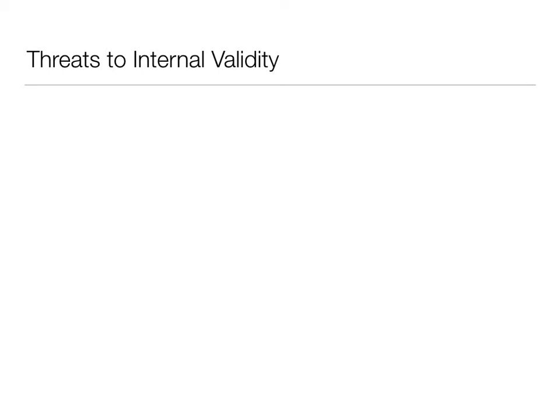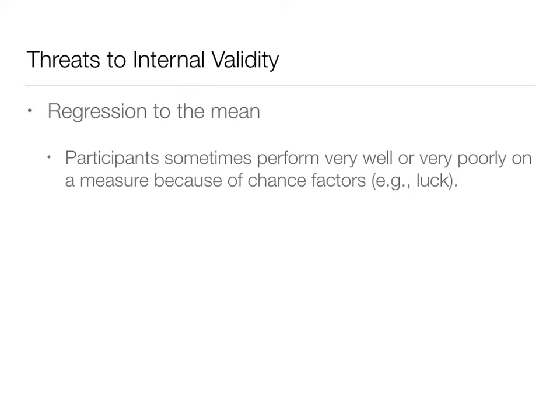Another threat to internal validity we have is regression to the mean. Regression to the mean is that sometimes you get a really high score and sometimes you just get a really low score, and these are chance factors, right? So you didn't really study for a test and you took the test and somehow you managed a really, really high score. And you studied for the test and you didn't do very well and you just managed a really, really low score, and it was chance, right?